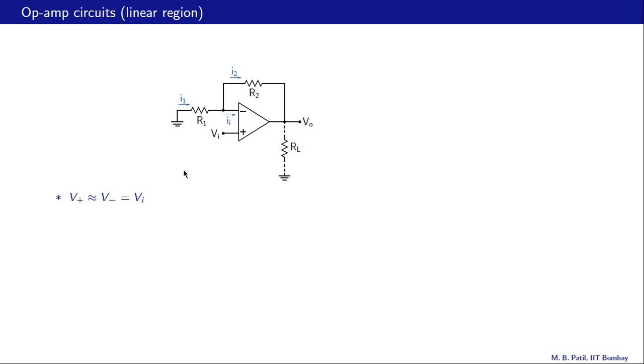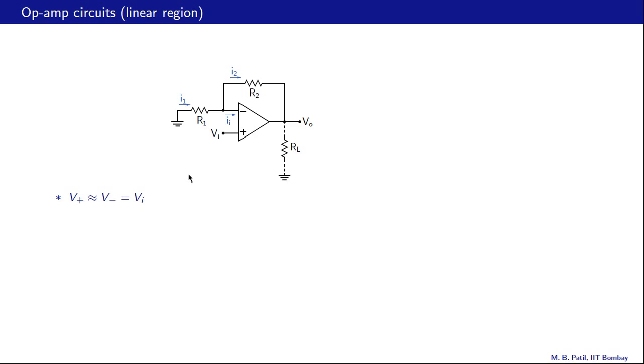Here is another very commonly used circuit in which the op amp operates in the linear region. The input is connected to the non-inverting op amp input, that is the output, and let us see how this works.